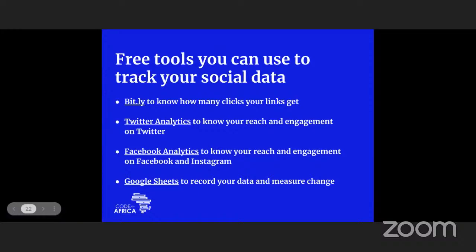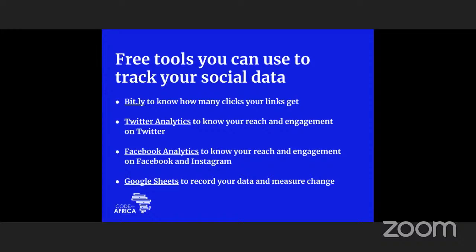And then we have Google Sheets. All of you have been introduced to Google Sheets. It is something really cool that you can use to properly record your data, see what works and what doesn't work, and analyze that data.